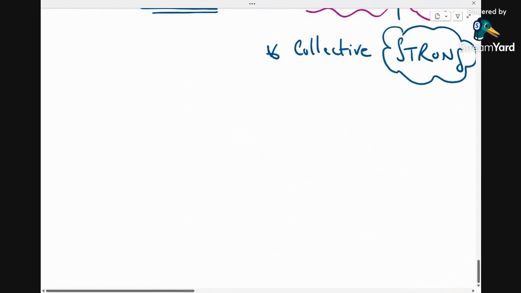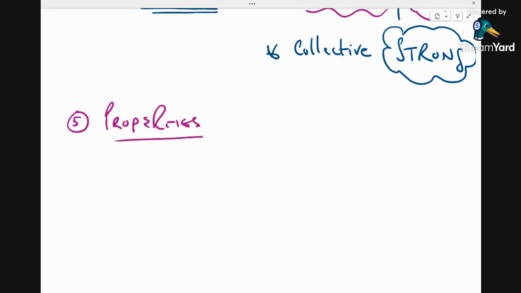So finally, number 5, this is the final bullet point. We need to relate all of this to the biological properties of water. And importantly for your exam, you must link this to the biological significance, importance.